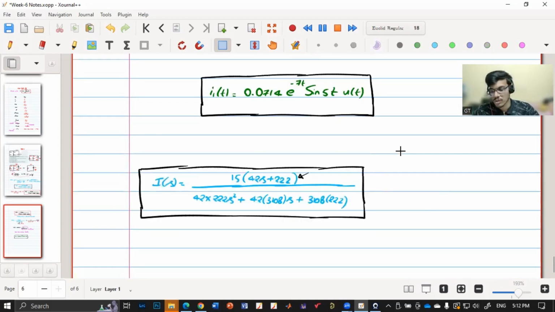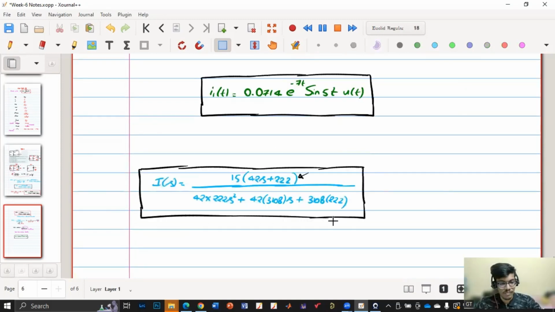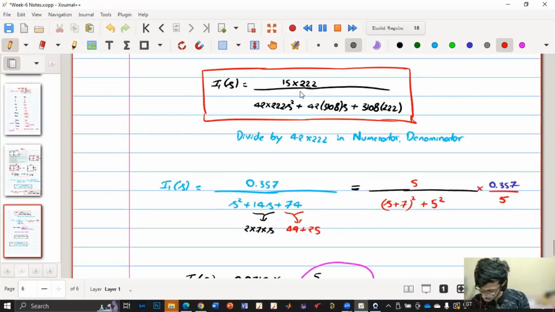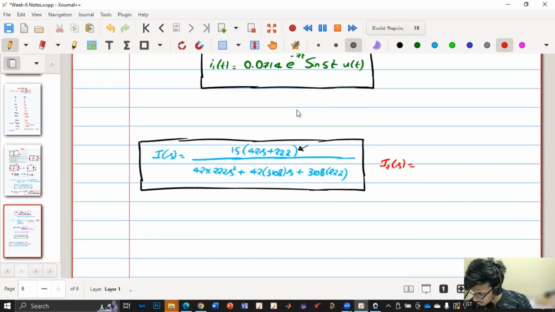Now I have to get back to my I2 of S. So my I2 of S is what? 42S by 42S plus 3 double 2 into I1 of S.